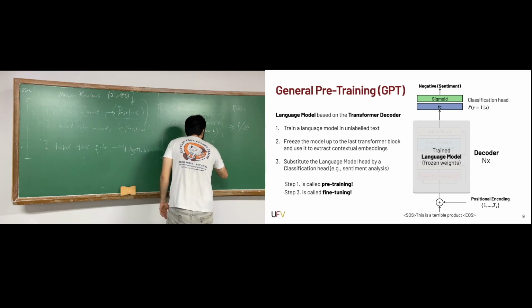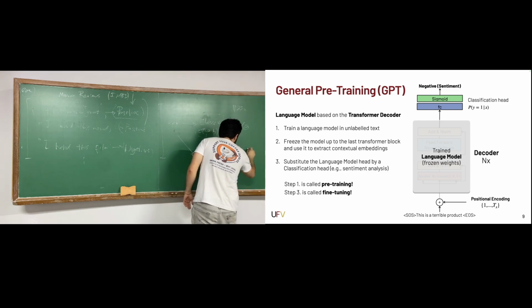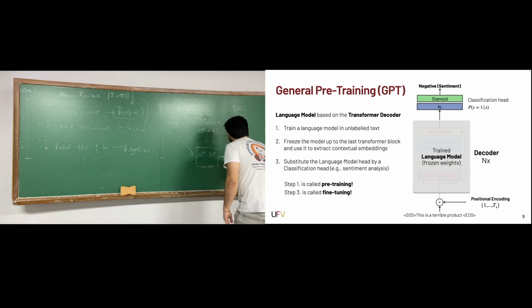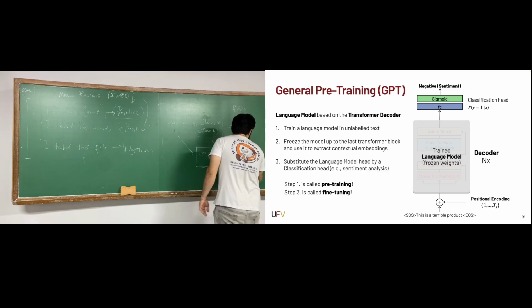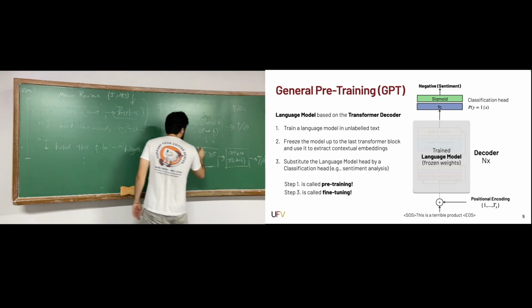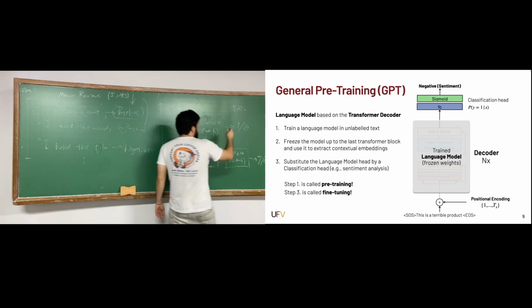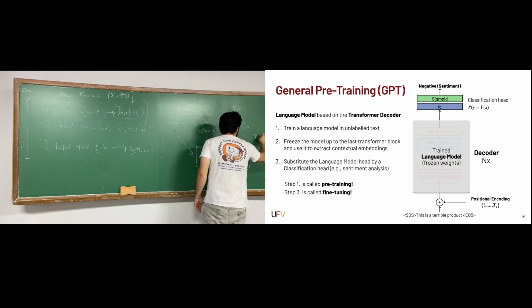You just pass it through GPT or BERT, and then you have the same classifier on top, a logistic regression, WX plus B. You simply do that to extract embeddings, and you could bump the accuracy up to maybe 96%.